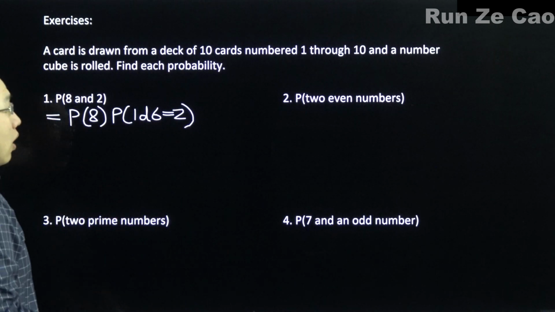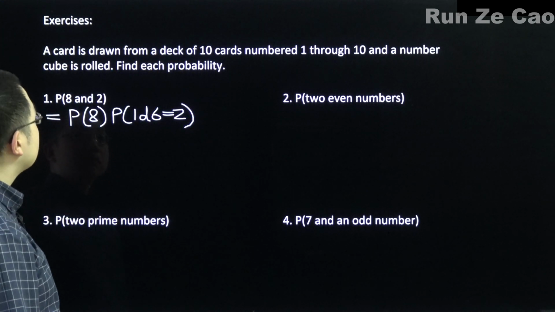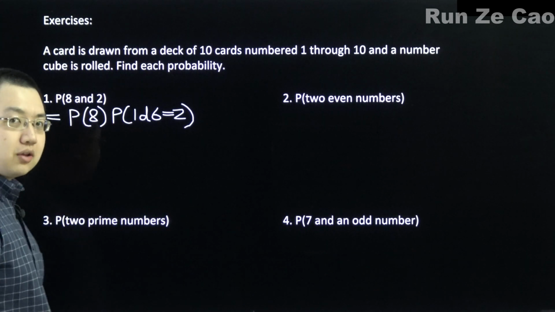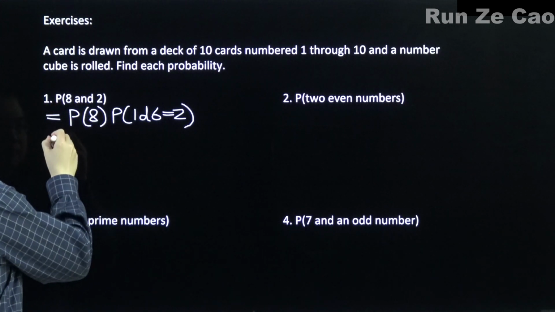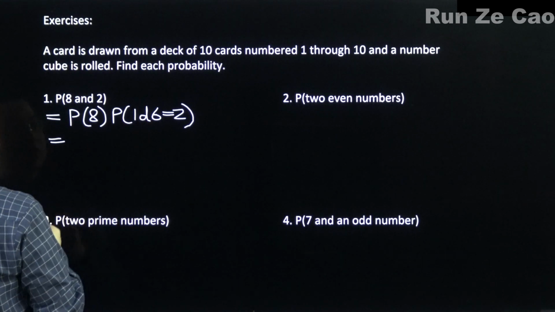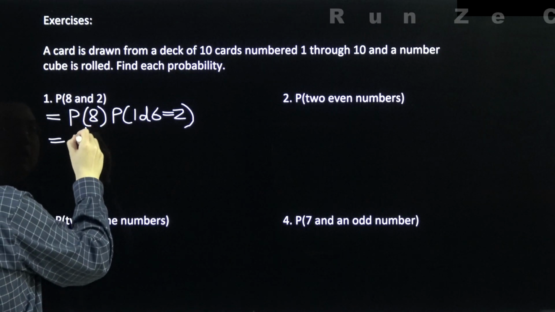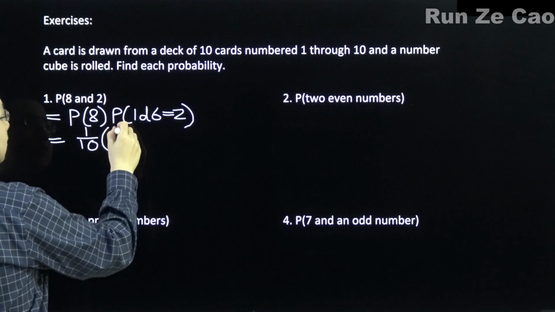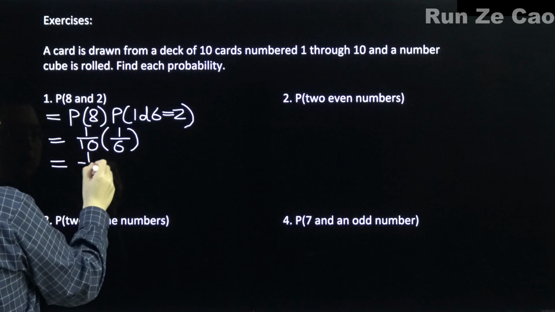Because P(2) would start looking a little bit confusing considering they're both rolling for numbers or drawing for numbers. 1d6 is used in gaming terminology for 1 die, 6-sided. So P(8), the chance that you got 8, is 1/10, multiplied by 1/6, which is equal to 1/60.